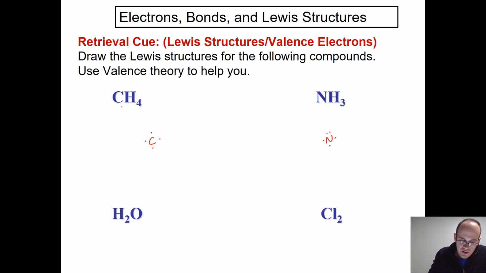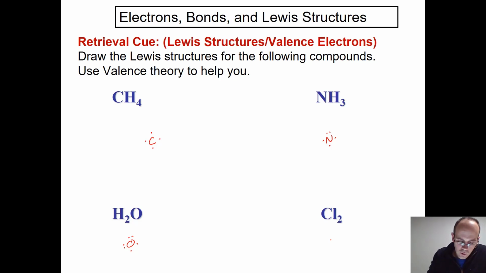So in the case of CH4, methane, you've got 1 carbon and 4 hydrogens. The carbon is going to be the central atom. NH3, the nitrogen, will be. OH2, the oxygen, will be. And Cl2, we're going to talk about that in a minute.